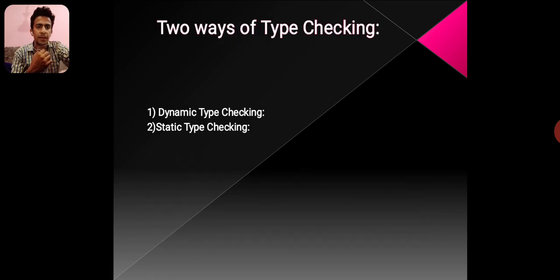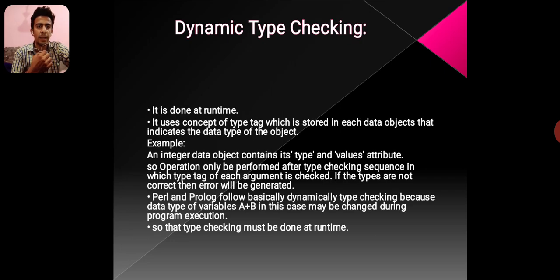Two ways of checking: number one, dynamic type checking; number two, static type checking. Dynamic type checking is done at runtime. It uses the concept of a type tag, which is stored in each data object and indicates the data type of the object.